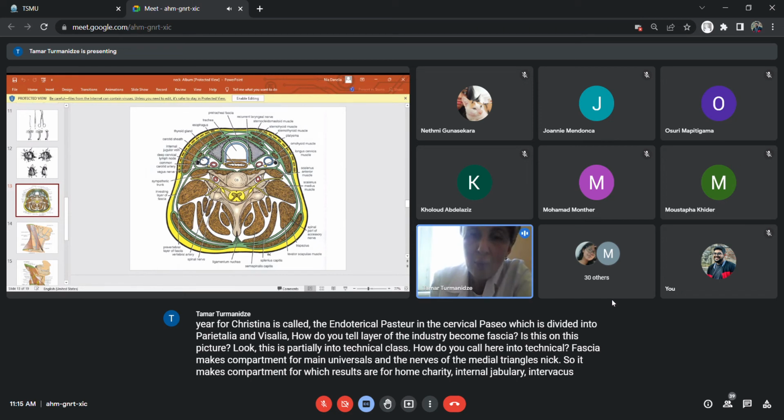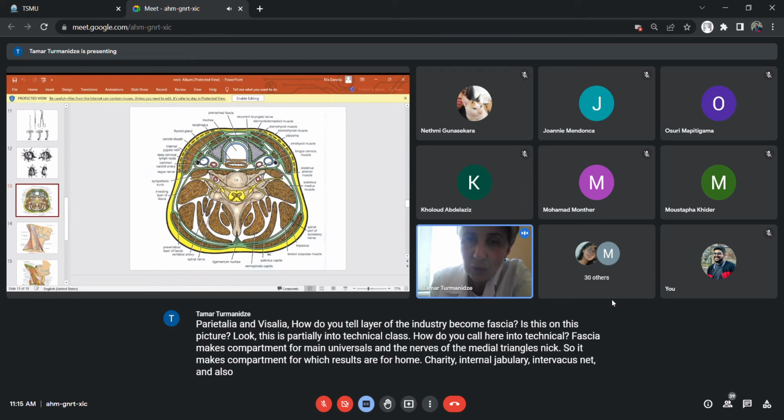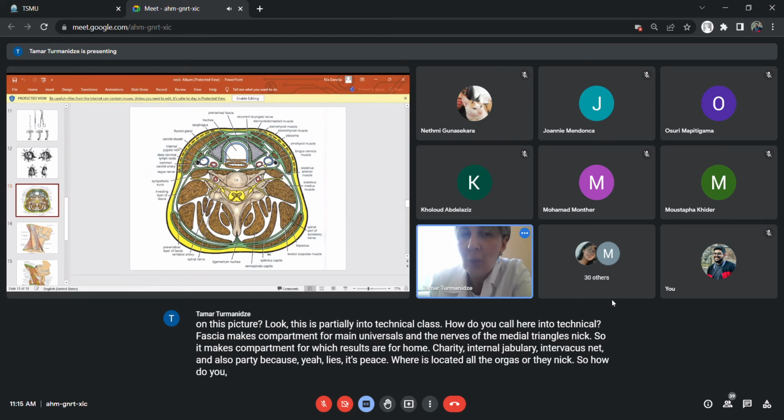Also, the parietal layer of the endocervical fascia lies around the space where all the organs of the neck are located.